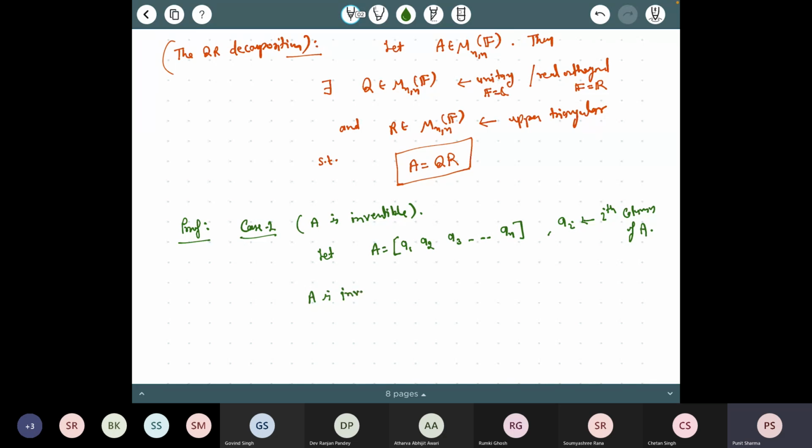Since A is invertible, the columns are linearly independent. They form an LI set.